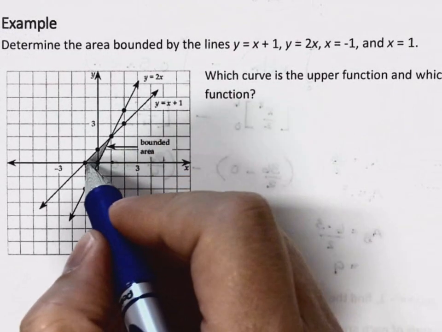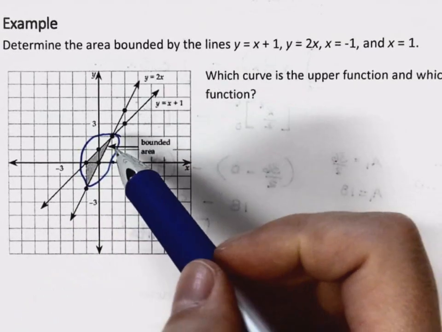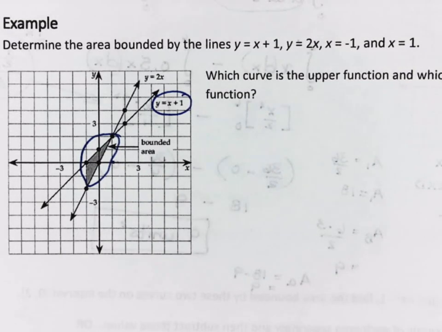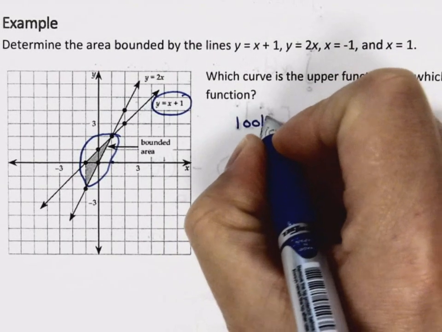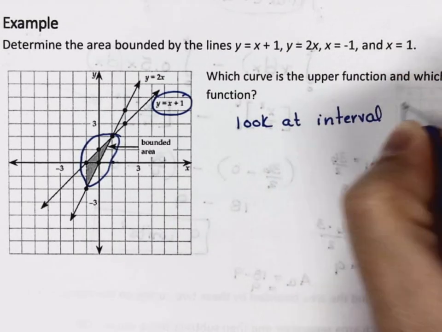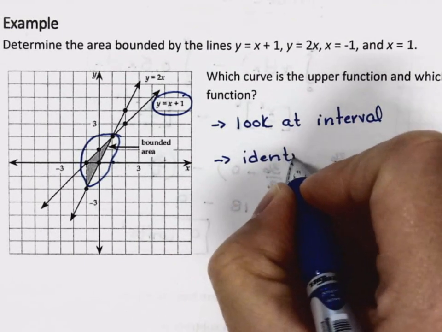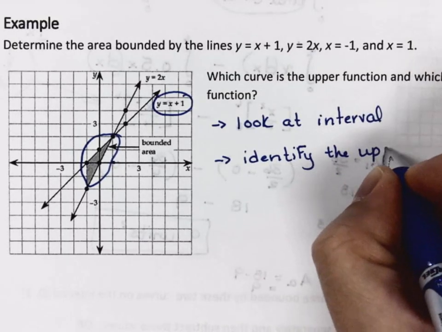But we're looking just over, we're looking in this area here. X plus 1. So this we've identified as our upper function. You need to know that because that's the function that's going to come first. So we look at the interval. And we have to identify the upper function.